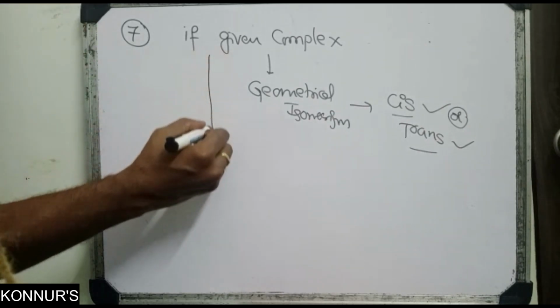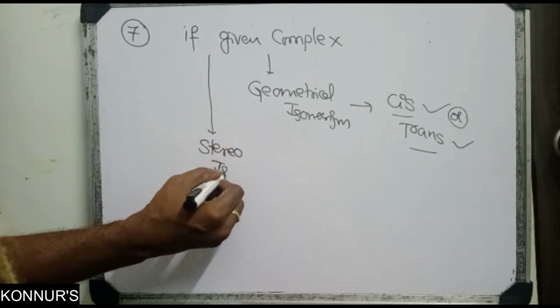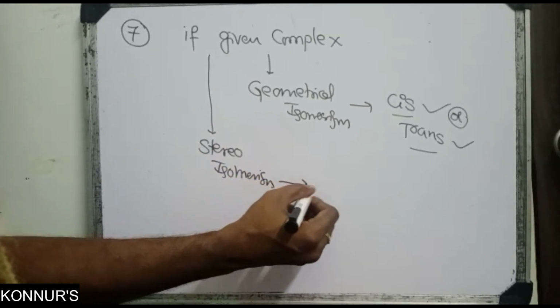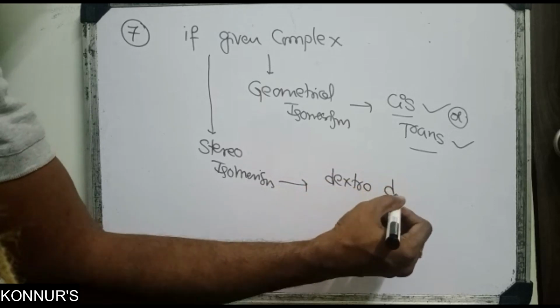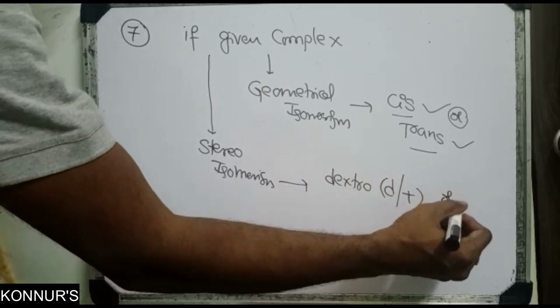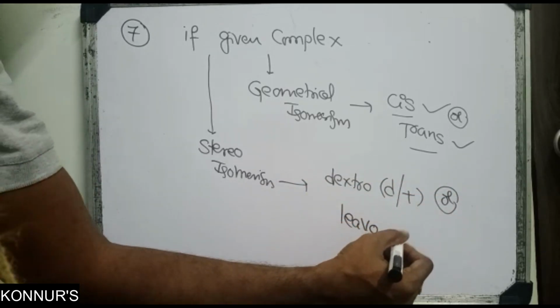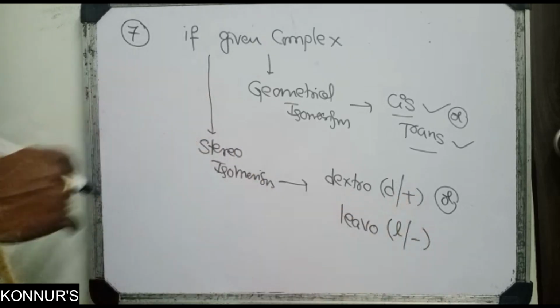Suppose if the given complex contains stereoisomerism. So stereoisomerism means, you can write if a dextro compound is there. Dextro compound means either you write D or plus. If the given compound is levorotatory, then you can write a small l or minus. So that also you can write.